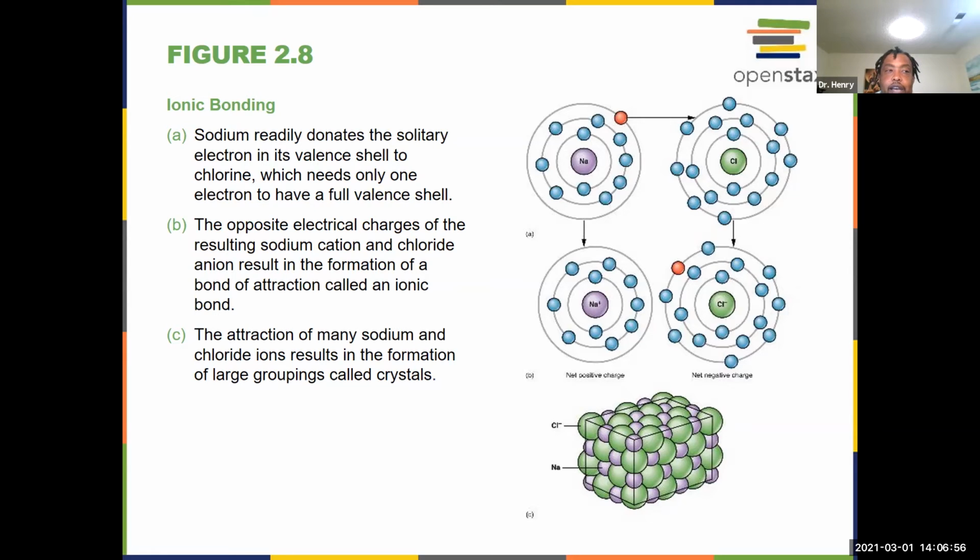How many of your stoves go up to 600 degrees Celsius, not Fahrenheit, Celsius? None of them do, right? So it takes a lot of energy to melt salt. So really to disrupt this bond or to break this bond down to some extent, it takes a lot of energy.